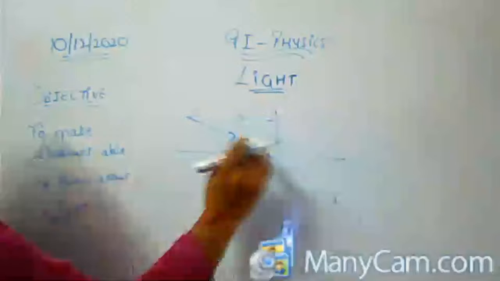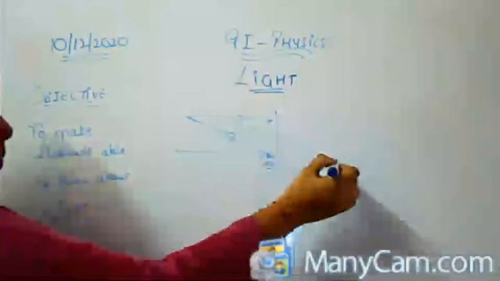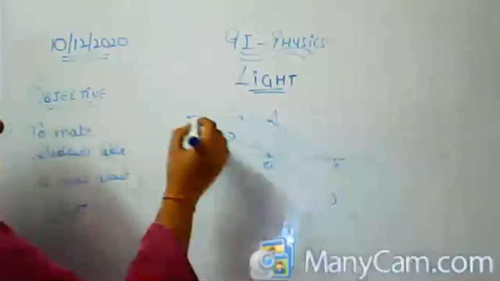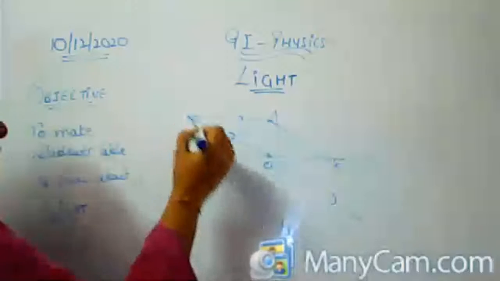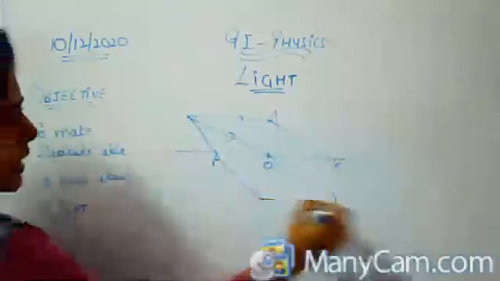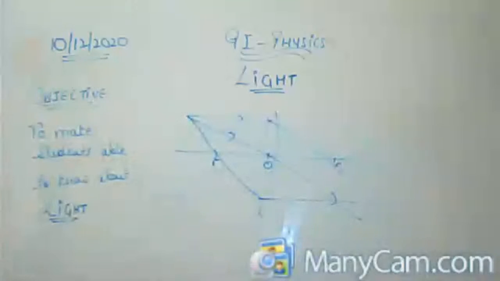Second, if it is first passing parallel to the principal axis, then it will pass somewhere through focus. Third is first passing through this focus, then it will go somewhere like this. Fine. So all the 3 rules they have just combined in one diagram to give you more clarity.